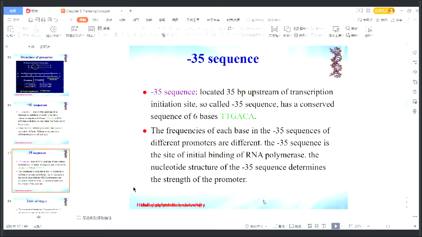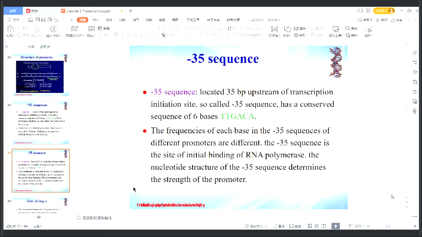About these English words you should pay attention. These two kinds of conservative sequences are very important. The negative 35 sequence initiates transcription and is recognized by the polymerase.